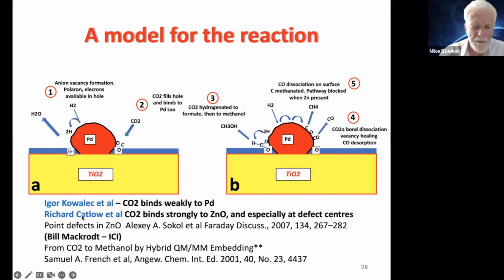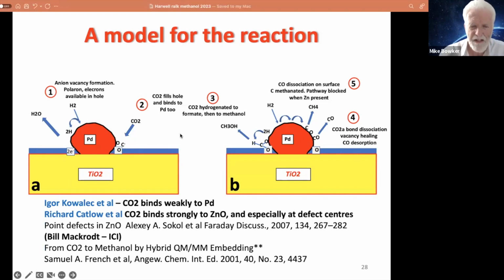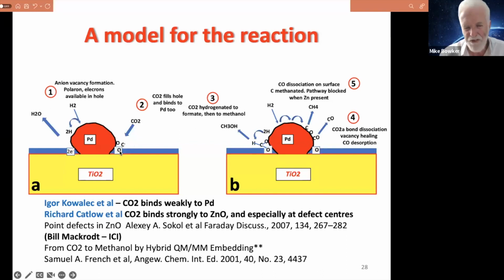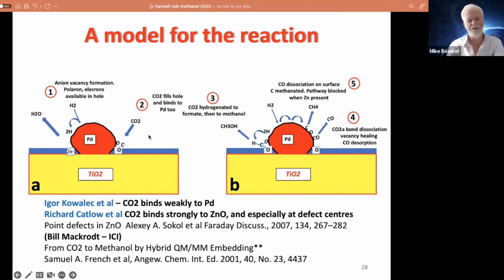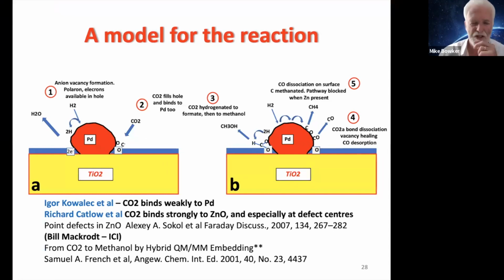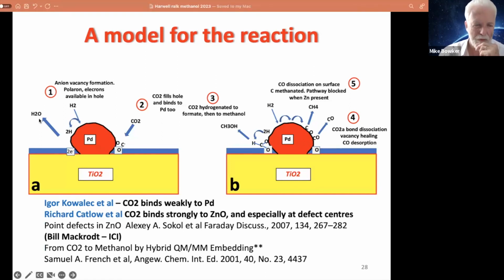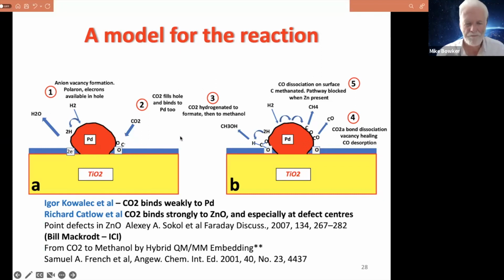If we look at calculations by Richard Catlow and his colleagues, they find that it is feasible in hydrogen to make these defects. So hydrogen can spill over and make defects on the zinc oxide in the first place, and these are amenable then to oxophilic attack by the CO2 to make some kind of bent CO2 intermediate, probably charged with an electron from the anion vacancy that's left when water is produced from hydrogen reduction of the zinc oxide.